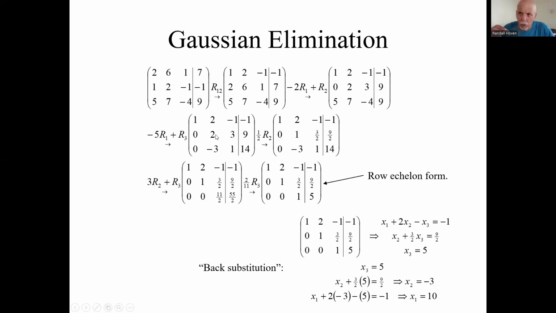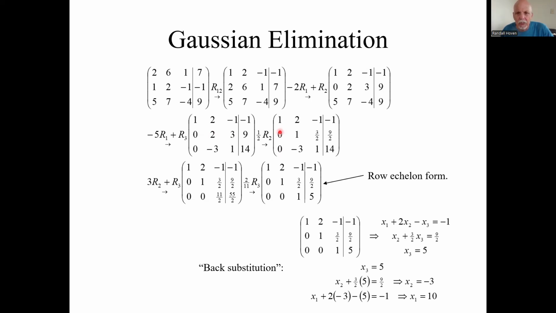Because I personally want strict row echelon form, I'll divide the second row by two to make this a one. So there I have that. And now, I've got all zeros here. There's a pivot, there's a pivot. I want this guy to be zero. Now that this guy is a one, I don't have to mess with fractions; I would have had fraction arithmetic if I left it as a two.